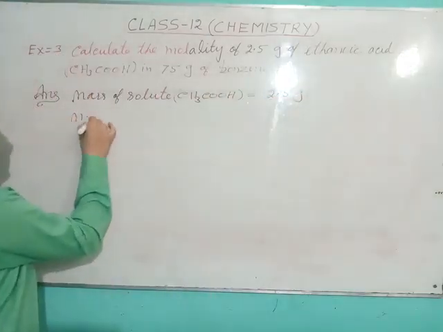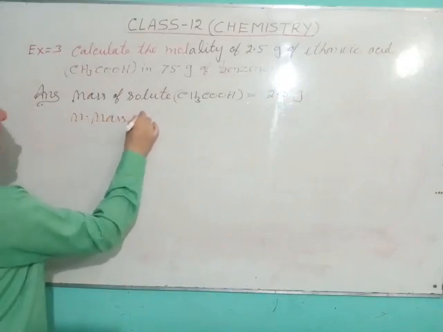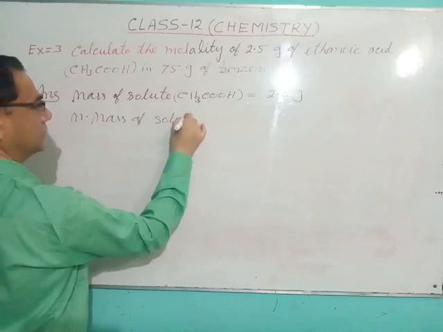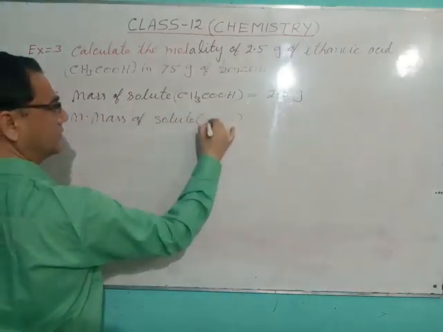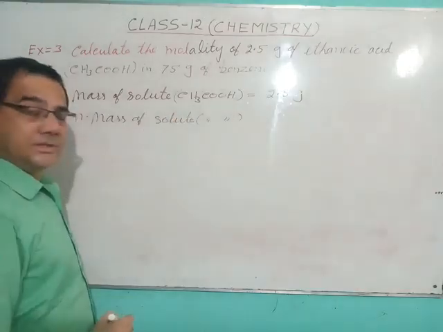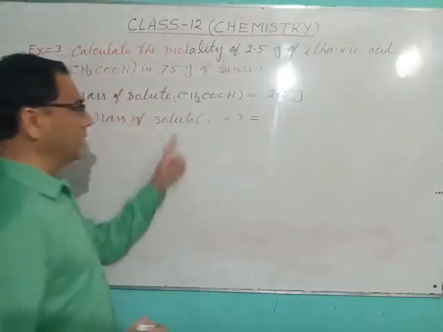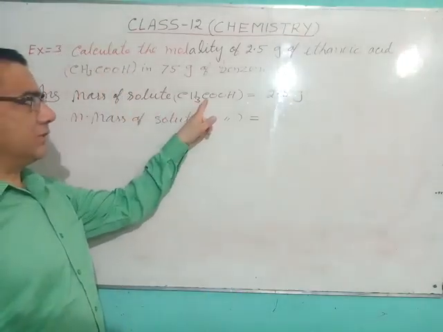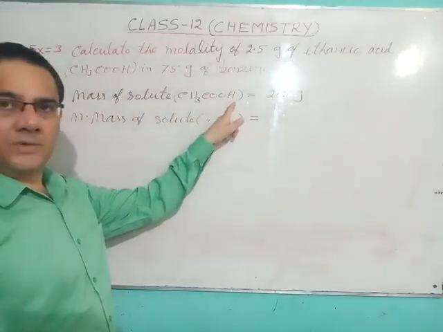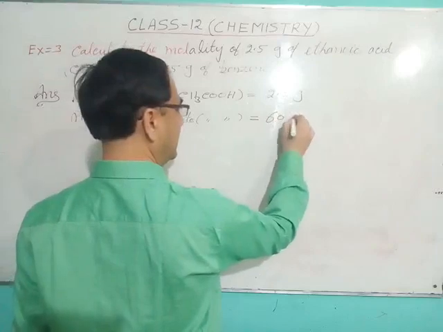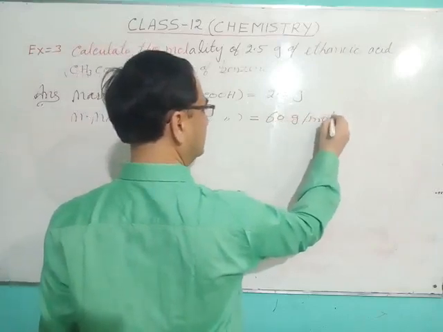Now we write molar mass of solute. Same acetic acid or ethanoic acid, and that is when we calculate 12 plus 3 plus 12 plus 16 plus 16 plus 1, when we add all these things we get 60 gram per mole.